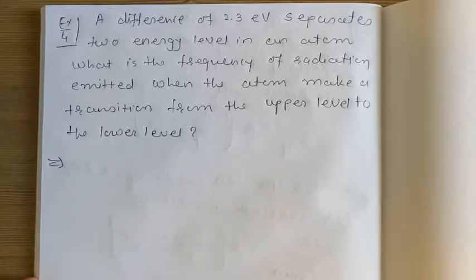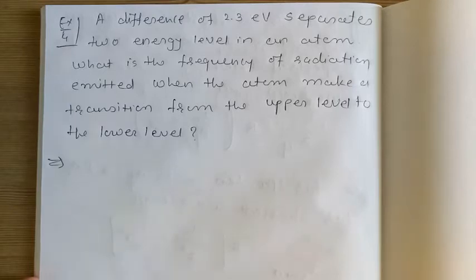We know the value of energy E is equals to 2.3 electron volt. Now we have to find out the frequency F, when the atom makes a transition from the upper level to lower level.